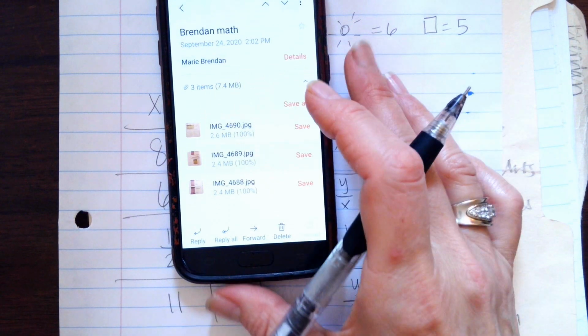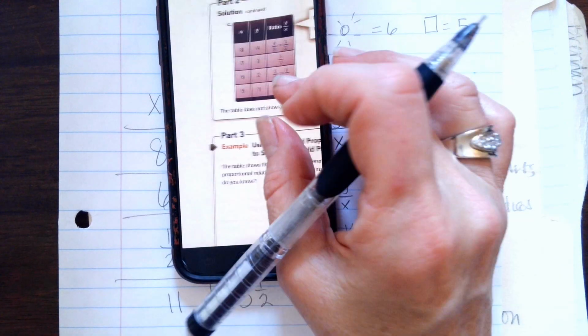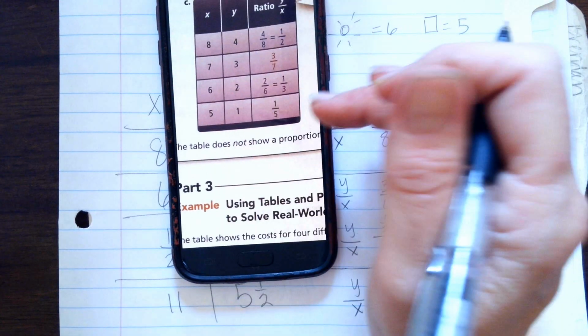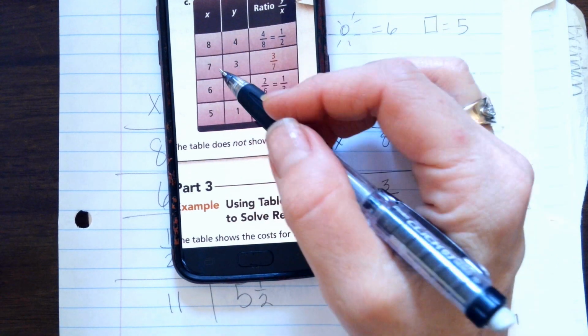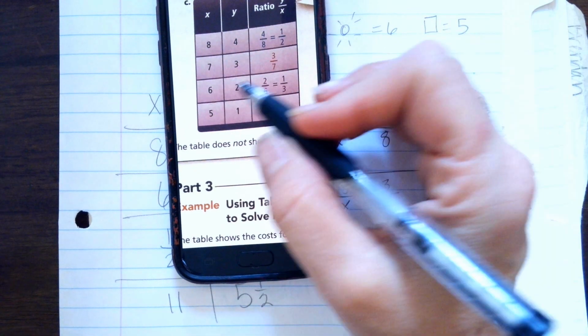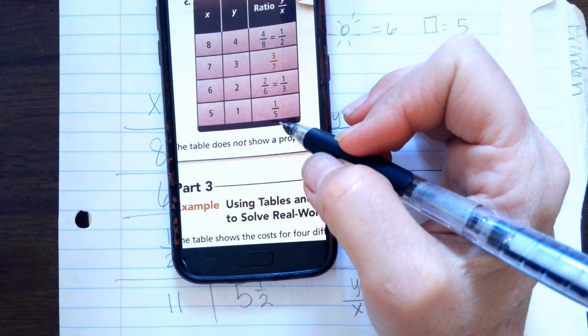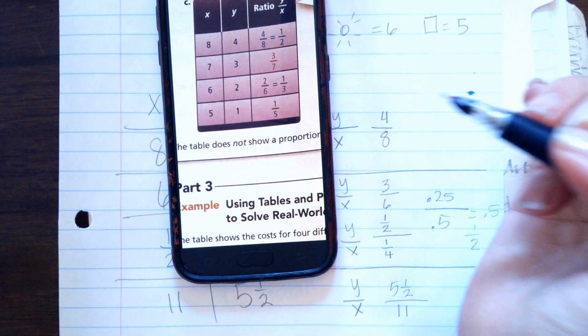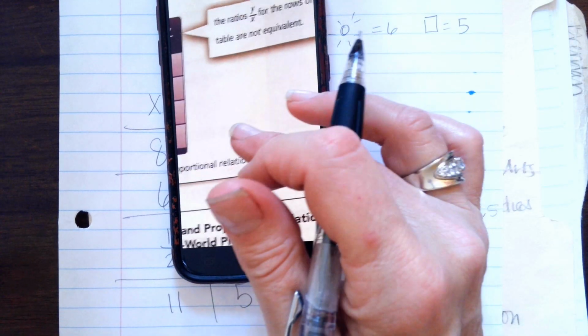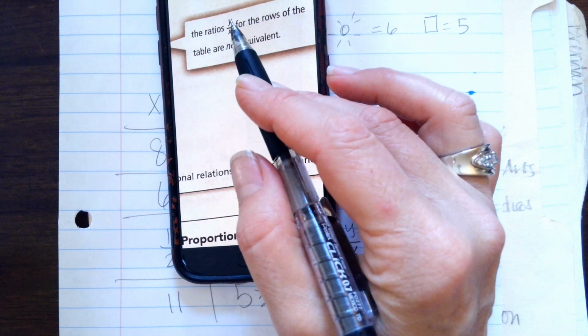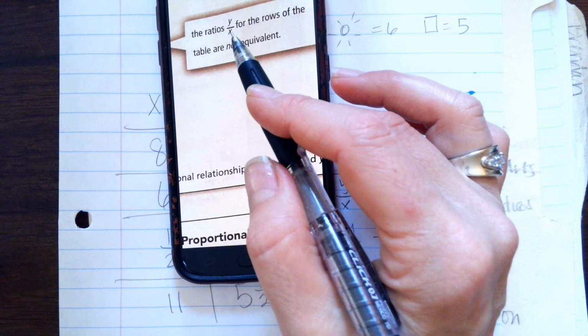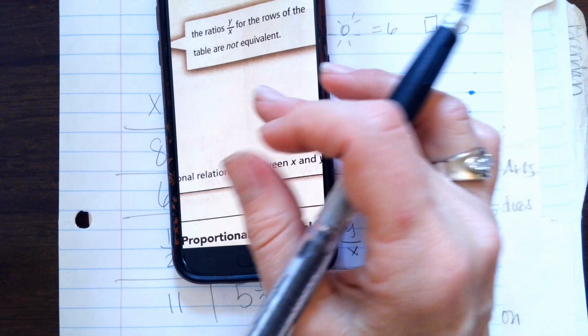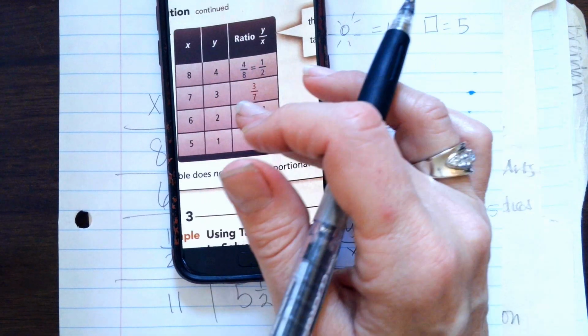Yeah. Okay. For this one is 1/2. When you plug this in, this one's 3/7. When you plug this in, this is 1/3. When you plug this one in, it's 1/5. It says the ratio y over x for the rows of the table are not equivalent.